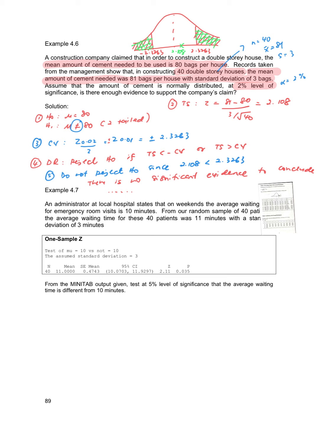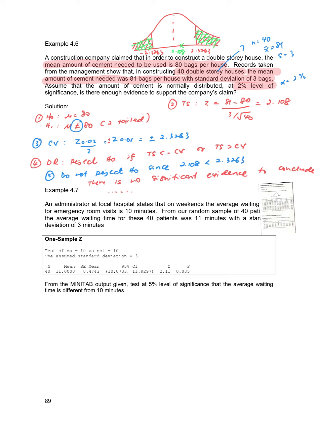Ataupun boleh buat there is significant evidence to conclude that the mean amount of cement needed to be used is 80 bags per house. Sebab tadi kita accept, kita tak reject H0. Maksudnya average amount of cement needed is equals to 80 bags. Sebab kita fail, do not reject H0, so kita accept H0 lah. So meaning that the average cement needed equals to 80 bags.